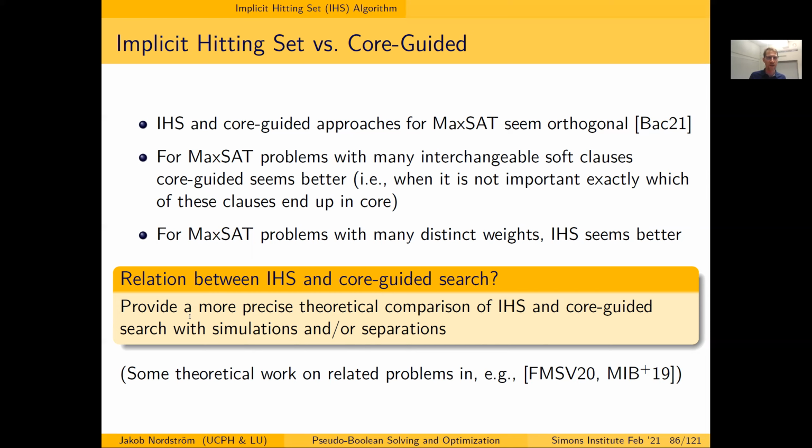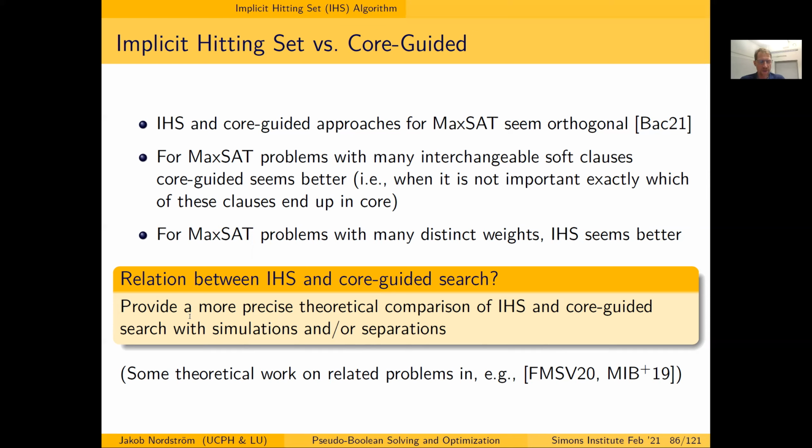It doesn't necessarily care about which clauses, it will just know how many clauses you're violating. However, for MaxSAT problems where you have many distinct weights, it seems that the implicit hitting set approach is often better. This is all based on intuition, though.